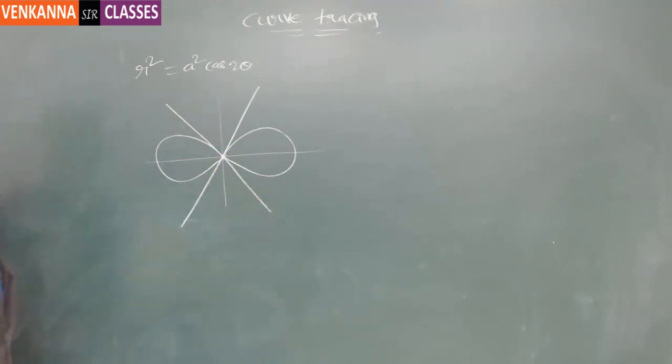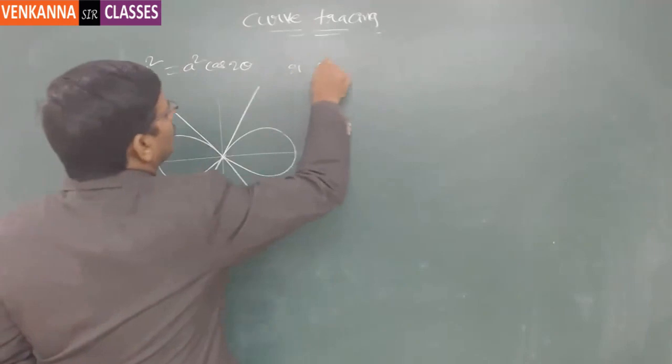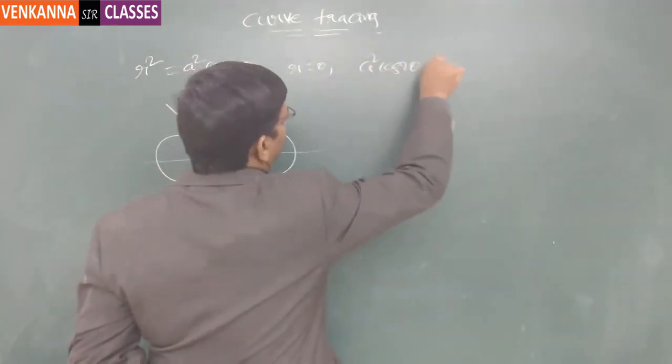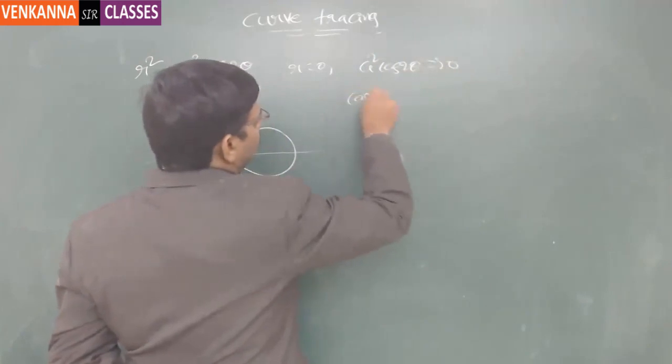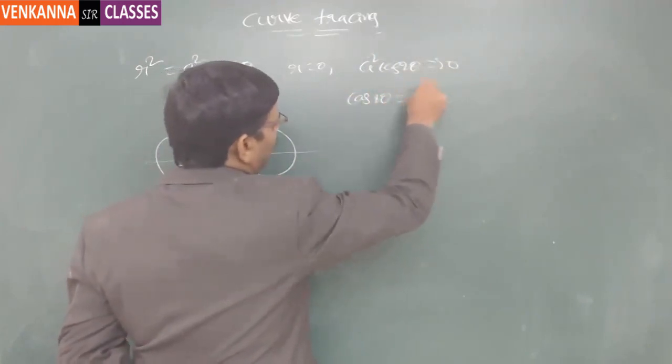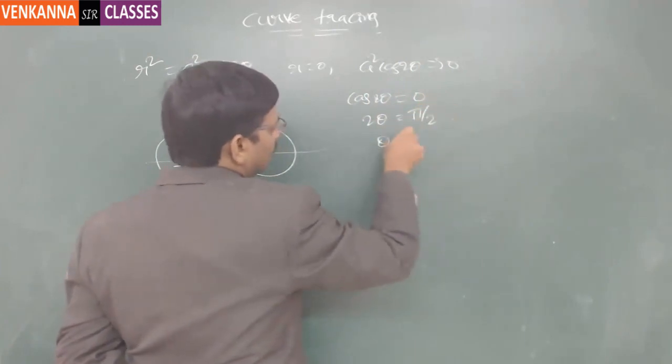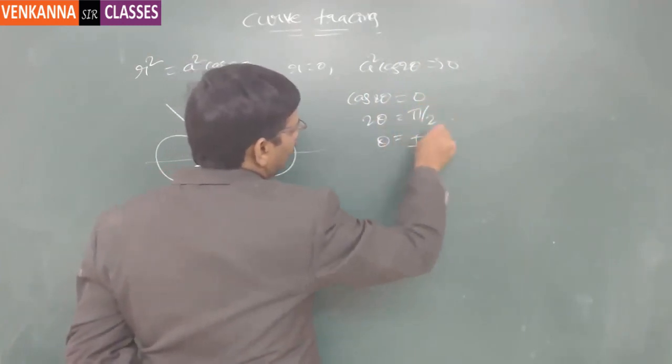Now if you notice, this value is nothing but when r is equal to 0, then a square cos 2 theta is equal to 0. It implies cos 2 theta equal to 0, or 2 theta equal to pi by 2, or theta is equal to plus or minus pi by 4.